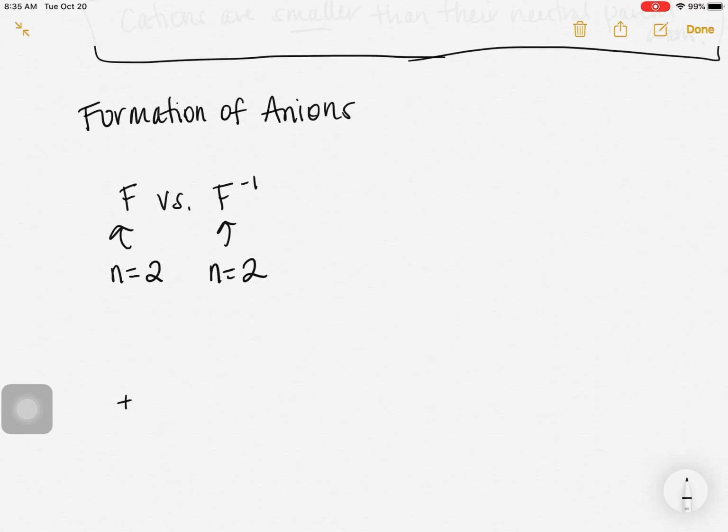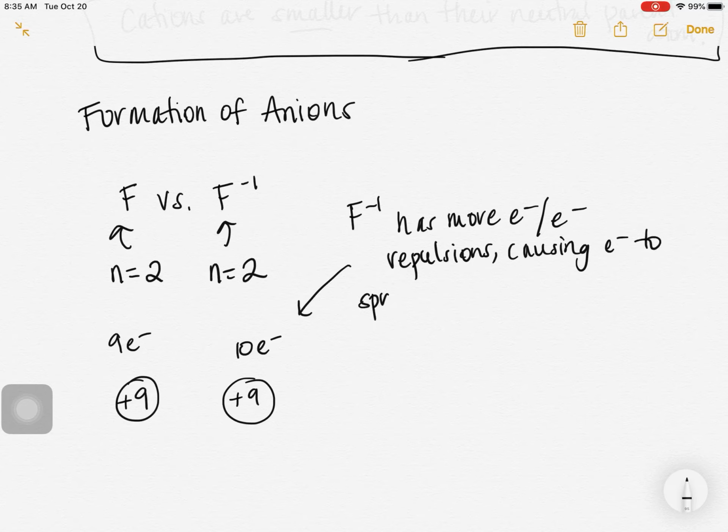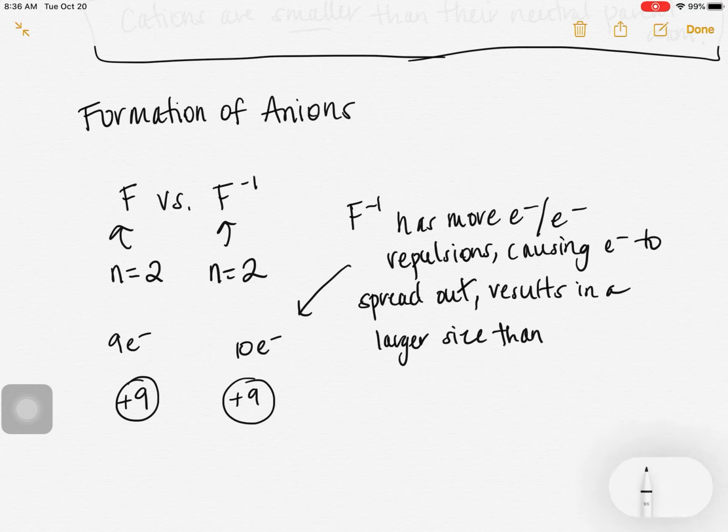And if this was F, it has positive 9 protons in the nucleus, and F would have 9 electrons. F minus 1 would have 10 electrons. So in this case, F minus has more electron repulsions, causing those electrons to spread out or to move away from the nucleus, and this results in a larger size than the neutral atom.